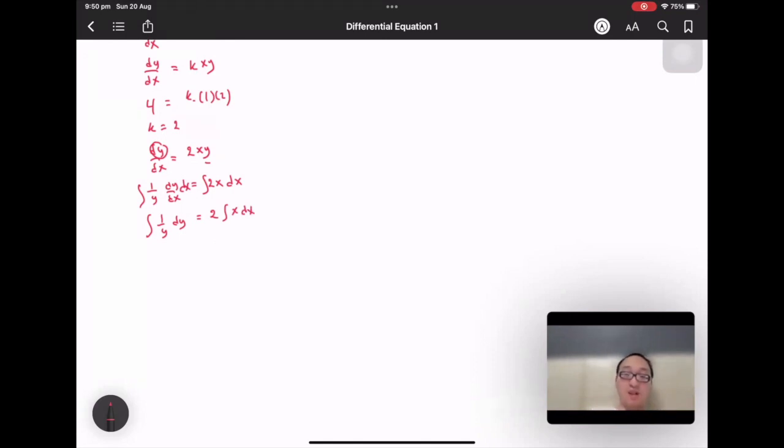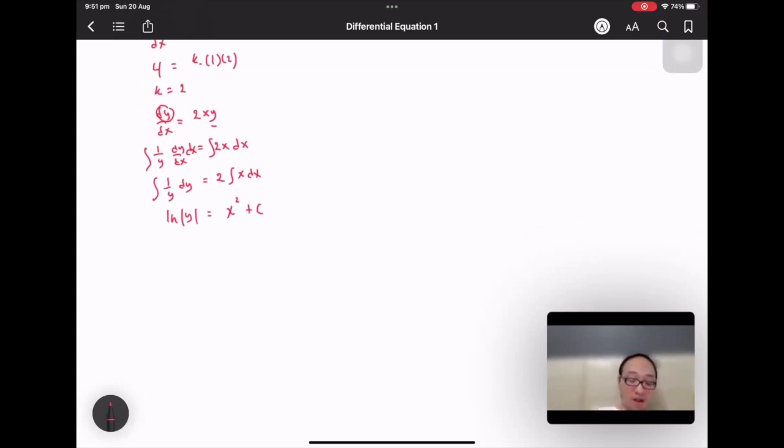And this equals ln y equals x squared plus c. So I can just remove the ln: y equals e to the power of x squared plus c.